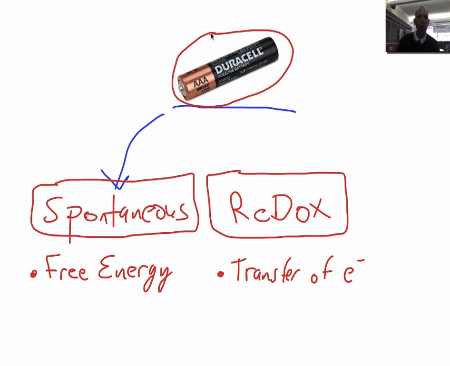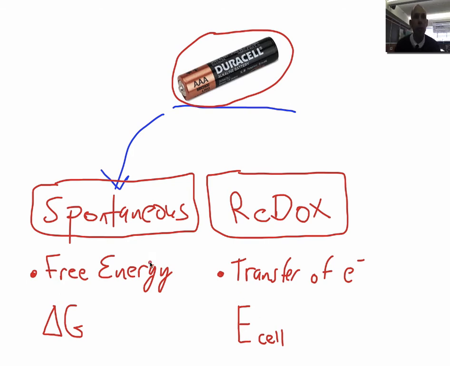Now, there is an equation that we use for free energy, and that equation is delta G. Delta G stands for Gibbs free energy. And for the transfer of electrons, we use something called E cell. E cell is the voltage of a battery.